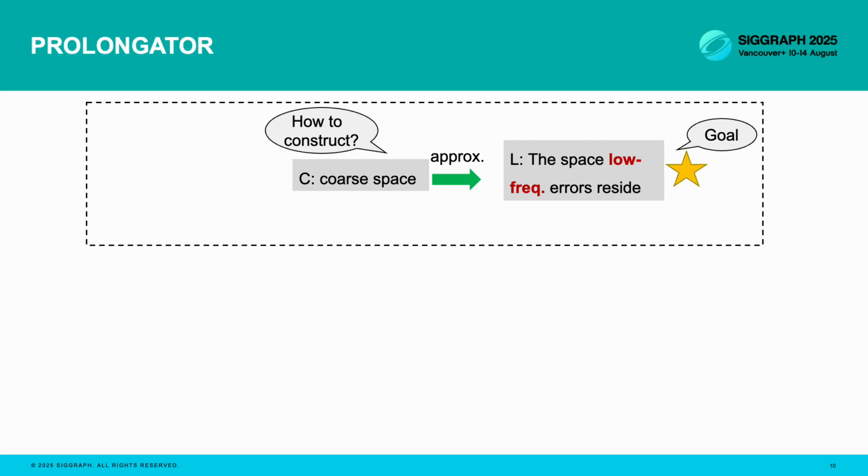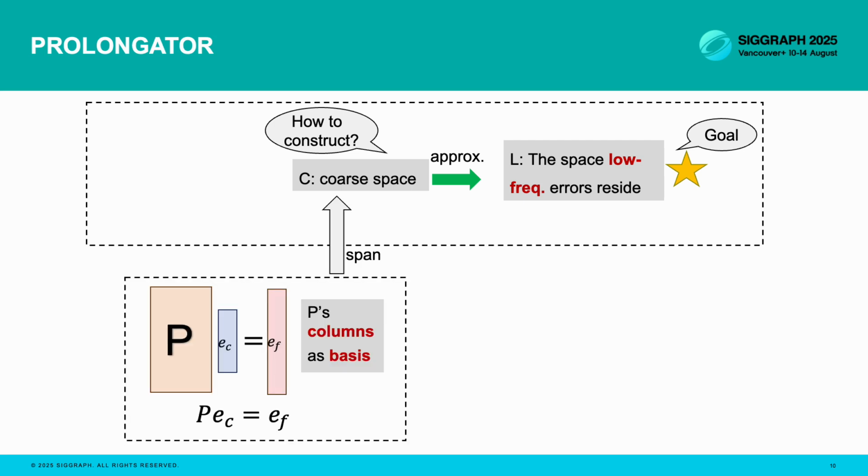Another key improvement of our work lies in the prolongator, the core of multigrid. As its name shows, a prolongator prolongates. It interpolates low-dimensional coarse space vectors to the higher-dimensional fine space. From another angle, P's columns span the coarse space, acting as the basis vectors.